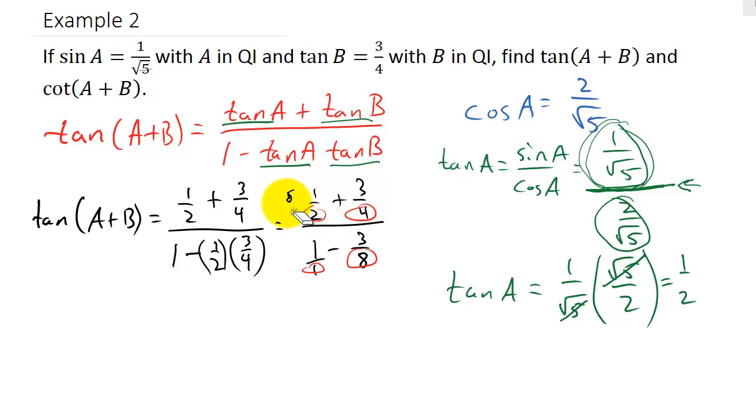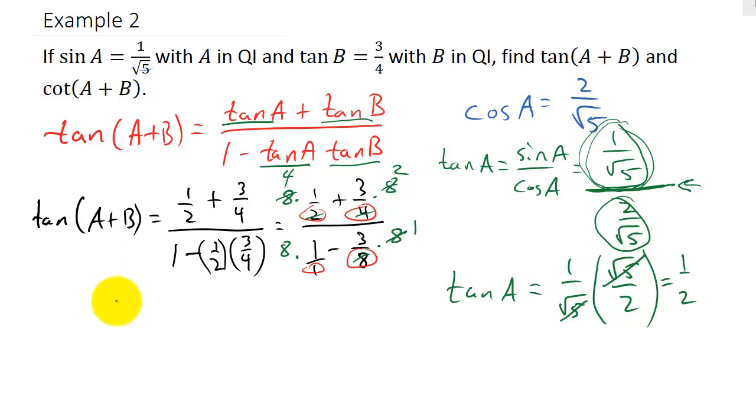Let me use a different color here. And so you see this cancels, we're left with a 4. This cancels, we're left with a 2. And then the 8's cancel, we're left with 1. And then nothing cancels here.